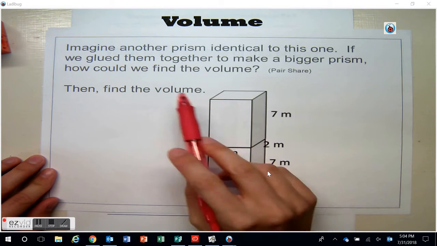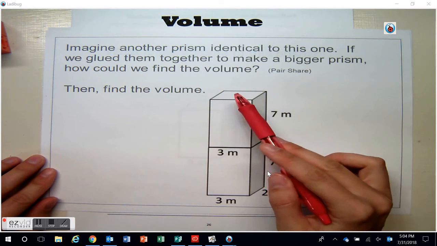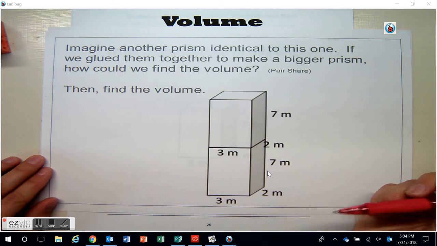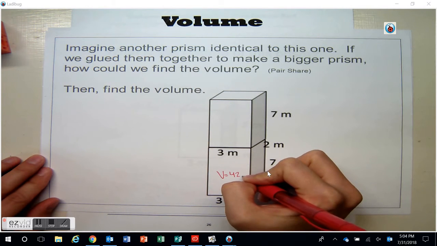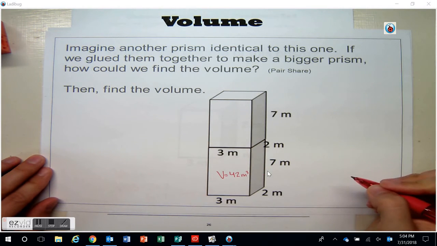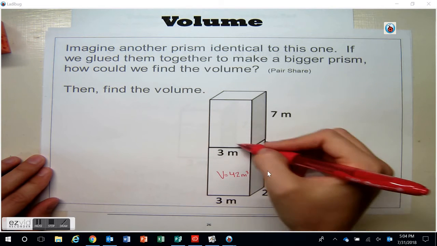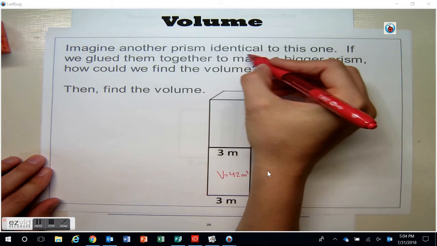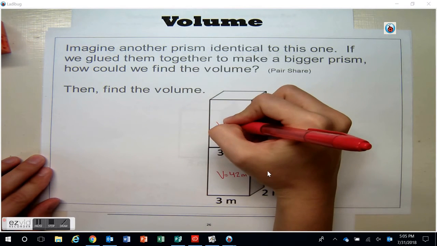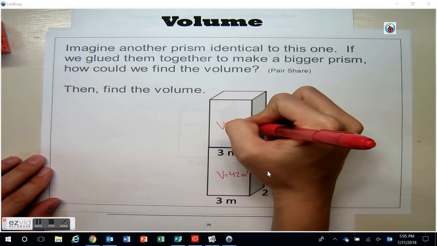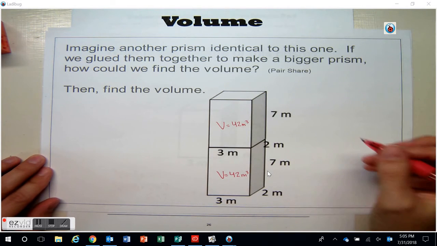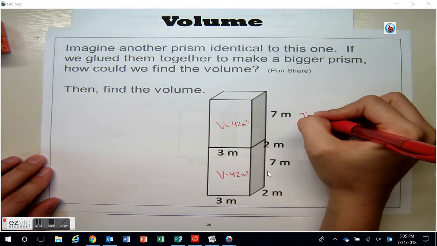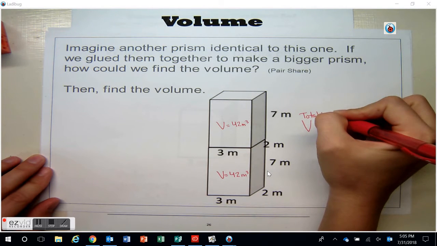So imagine if I took that volume of 42 meters cubed, and now I have an identical prism right on top of it. If I glued them together to make a bigger prism, how could I find the volume? Well, the volume here is 42 meters cubed. What's the volume of this one if they are identical?